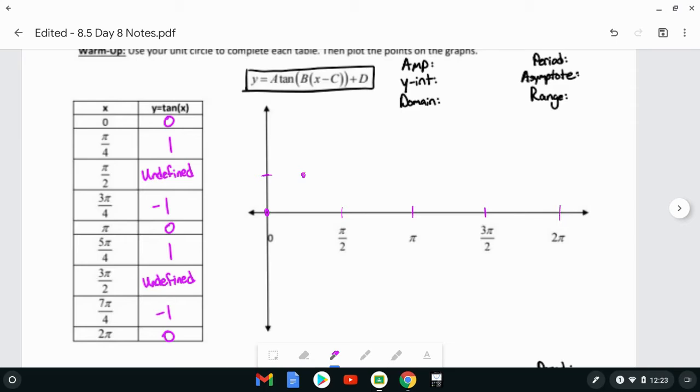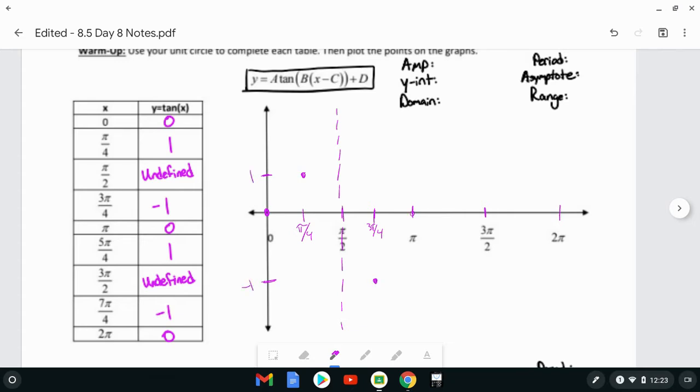And then at pi over 2, it's going to be undefined, which can look like a vertical asymptote. And then at 3 pi over 4, it would be at -1, so we'll put the -1 on there.